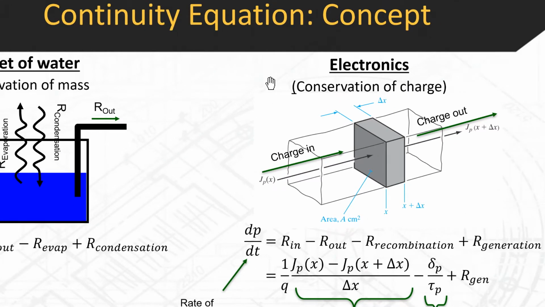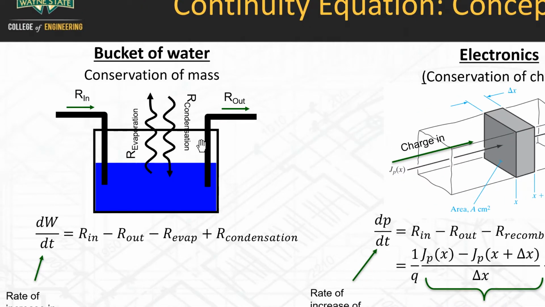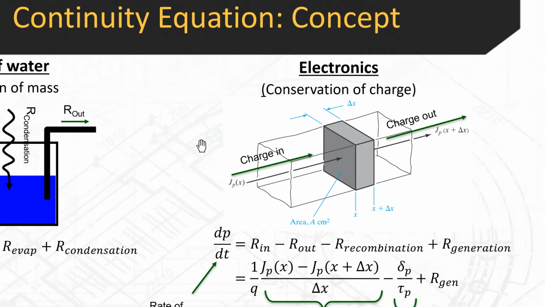Then there's also the processes analogous to evaporation or condensation, where you're generating charge or destroying charge. And what are the two processes that we talked about in class that correspond to those two? Generation and recombination. Generation and recombination, that's right.